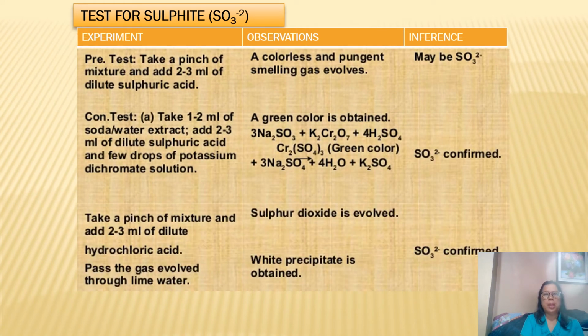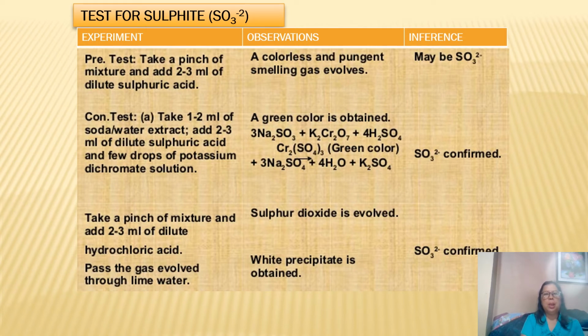And then the test for sulfide. Last time we were talking about the test for sulfide. Now we are talking about the test for sulfate. Upon the addition of sulfuric acid, if a colorless, odorous gas evolves, then you can think that sulfide is also present.